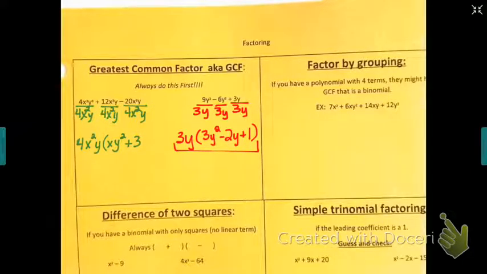X to the third over x squared, x, and y over y, that goes away. And then 20 over 4 is 5. The x's go away. The y's go away because they're the same. So that right there is my answer. All of that right there. And again, if I multiply that out, I should end back up with what I started with.